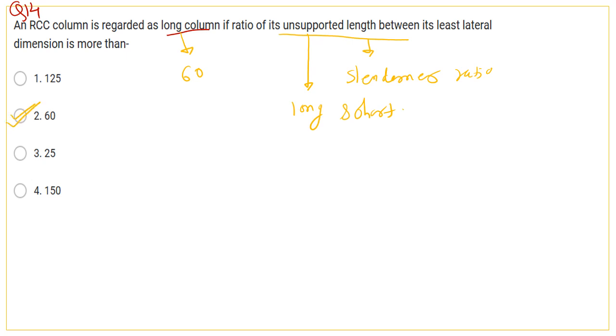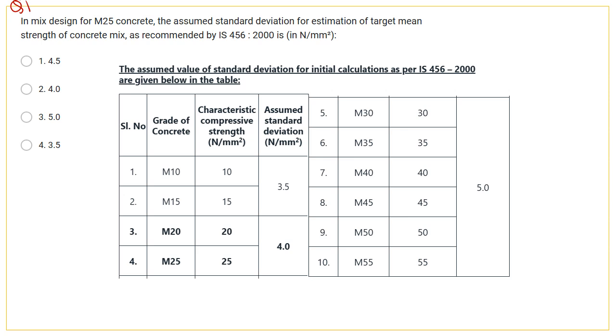The next question, question number 15. In mix design for M25 concrete, the assumed standard deviation for estimation of target mean strength of concrete mix as recommended by IS 456-2000 in Newton per mm square.